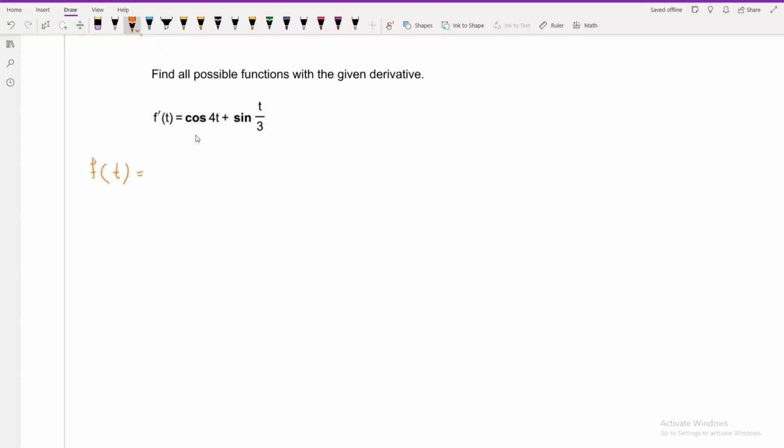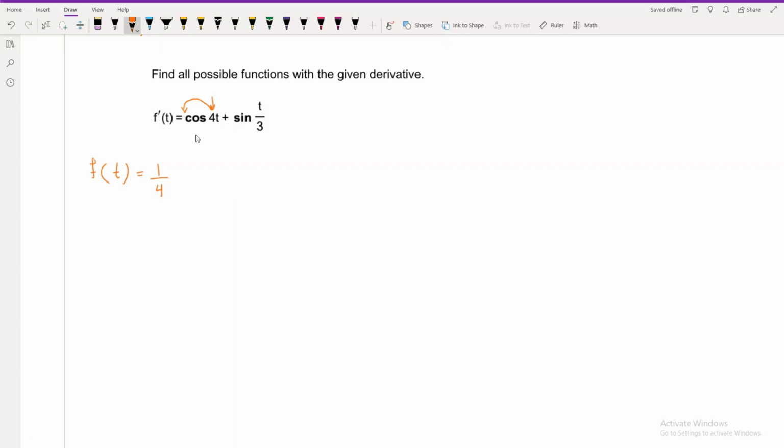We have to find the trigonometric function that has the derivative cosine 4t and sine t over 3. So f of t is equal to, here I'm using this 4 to the left side, but we have to use the reciprocal of what I have here. So the reciprocal of 4 is 1 over 4.